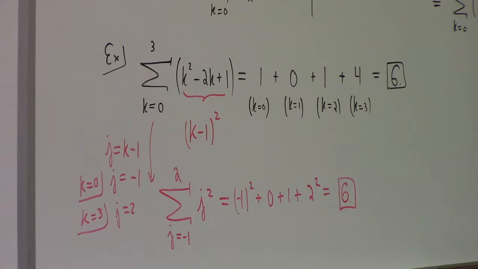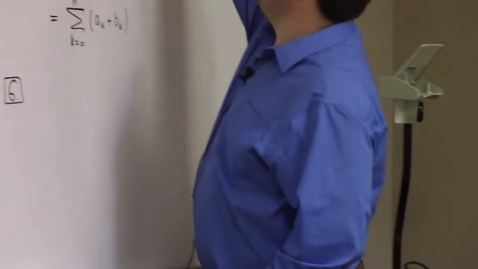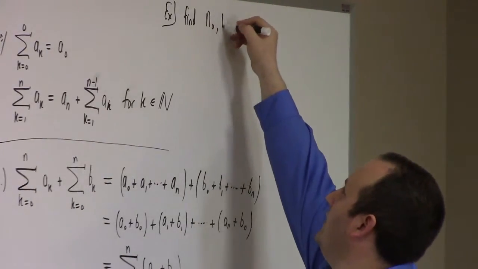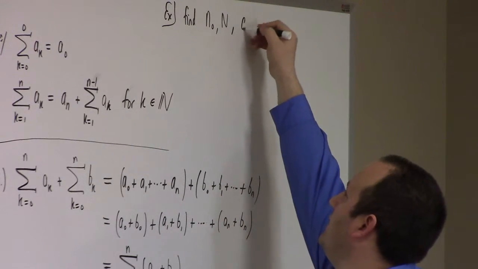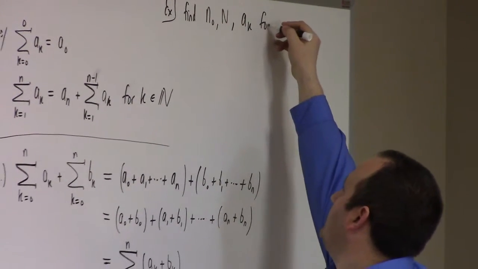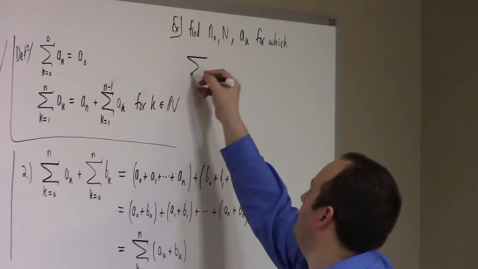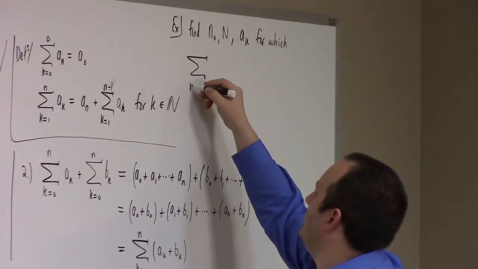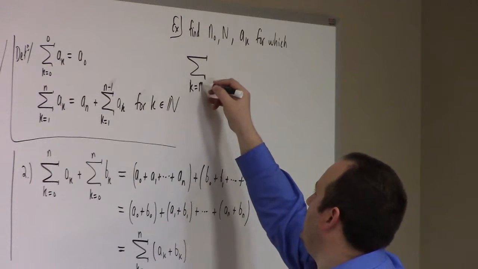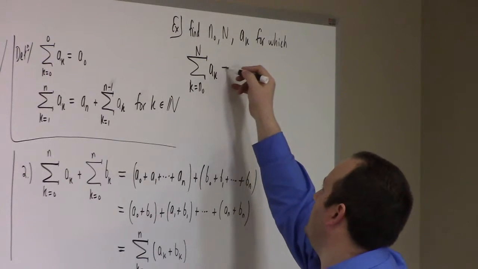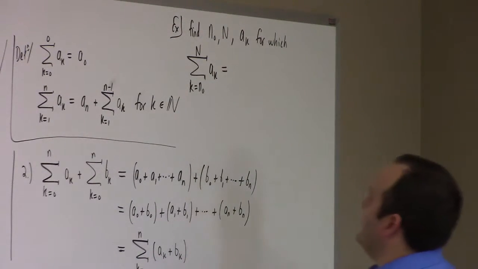Finding formulas for things is an important task. We might have something like this. How about this? Suppose I want to find n naught, big N, and a sub k, for which the sum k equals n naught to big N of a sub k is equal to, and now I've got to make up something interesting.